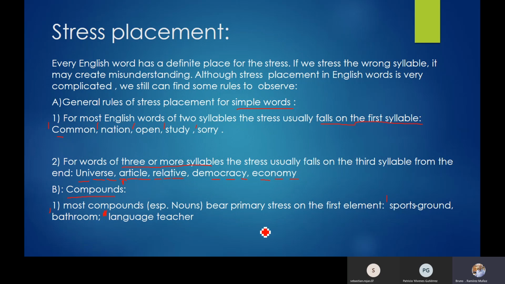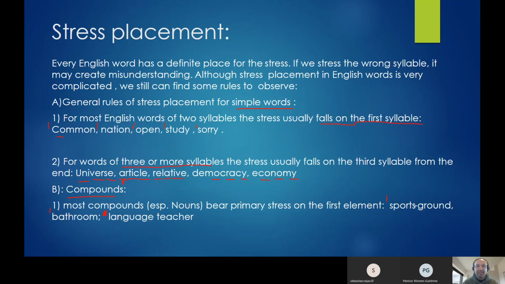So these are the general rules for words that have two syllables, three syllables, and compound words. This is the last slide for today with the general rules for stress placement, or where we place the stress in general words in English. Later on, we're going to see some exceptions. This is the last slide for today with the generalities.